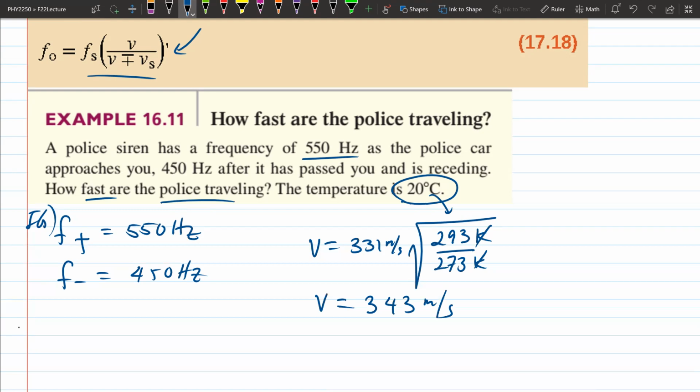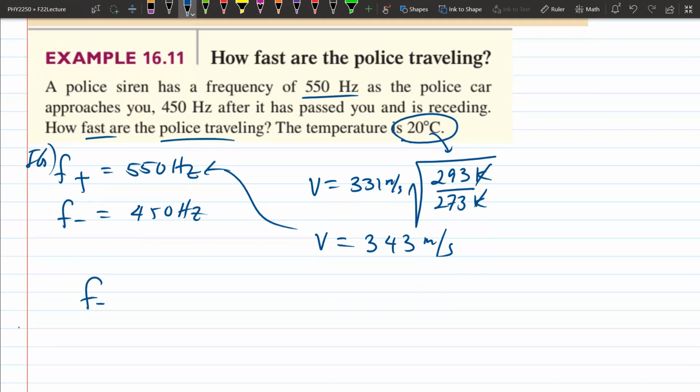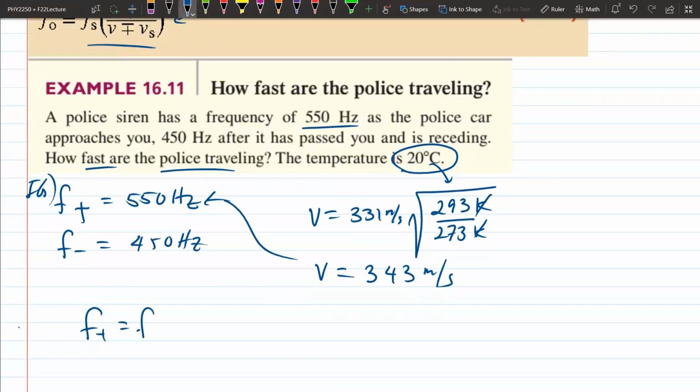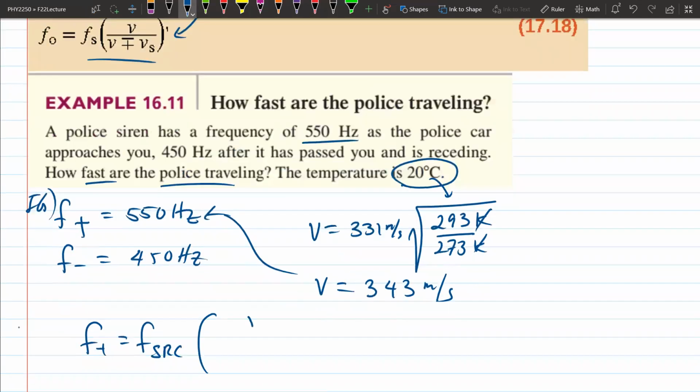So how can we figure out how fast the police car is traveling? We can pick either one of these actually. Let's do the F plus. So F plus, using this formula up here, is the frequency of the source. I'm going to do SRC instead of just S, multiplied by the speed of sound divided by the speed of sound.